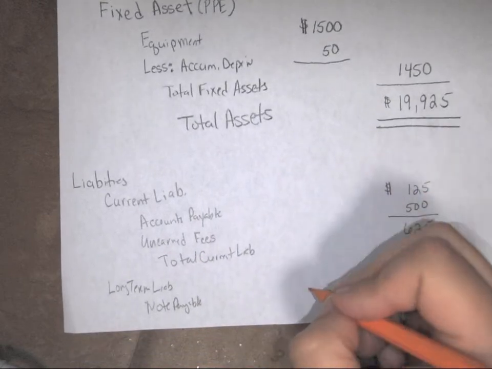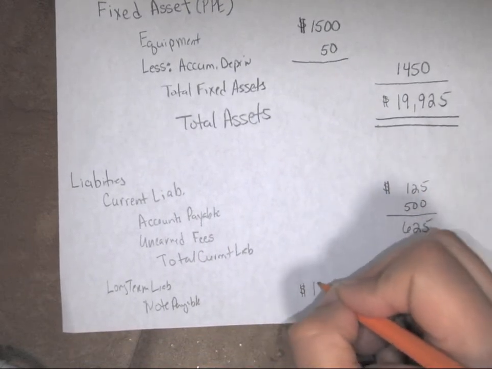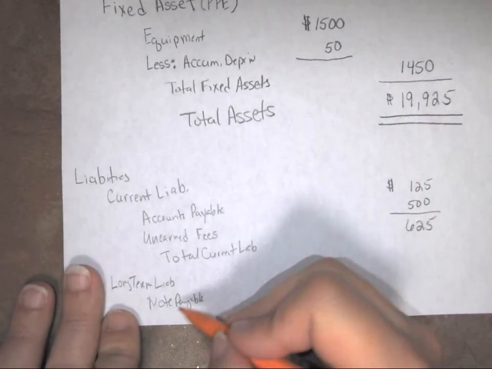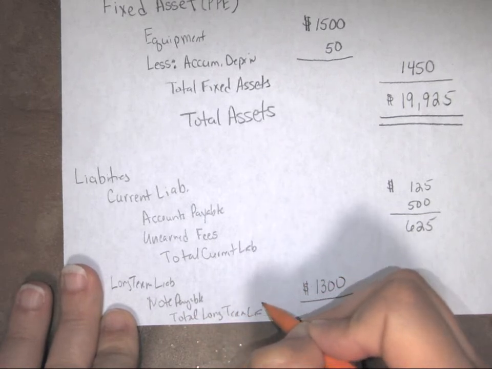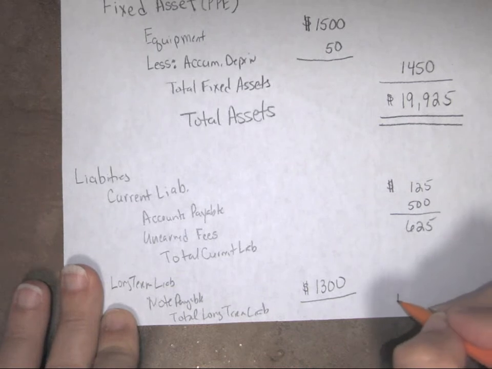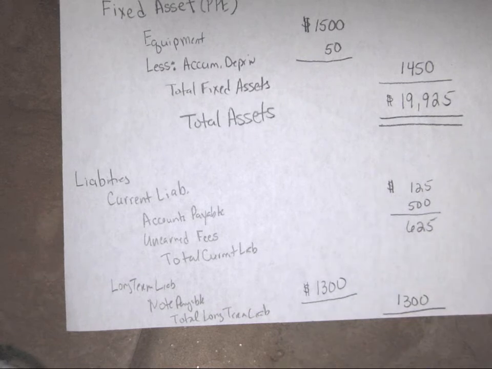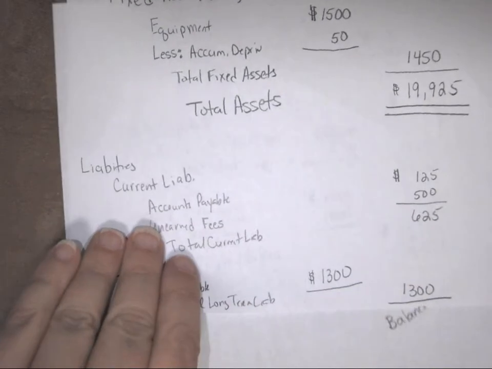I could have more than one, so I'm actually going to make a column for that and put that $1,300 here, underline it, and then get the total long-term liabilities, and that would be at that $1,300, and I'll put a line underneath that as well, so that I can put all of this information that I need in.